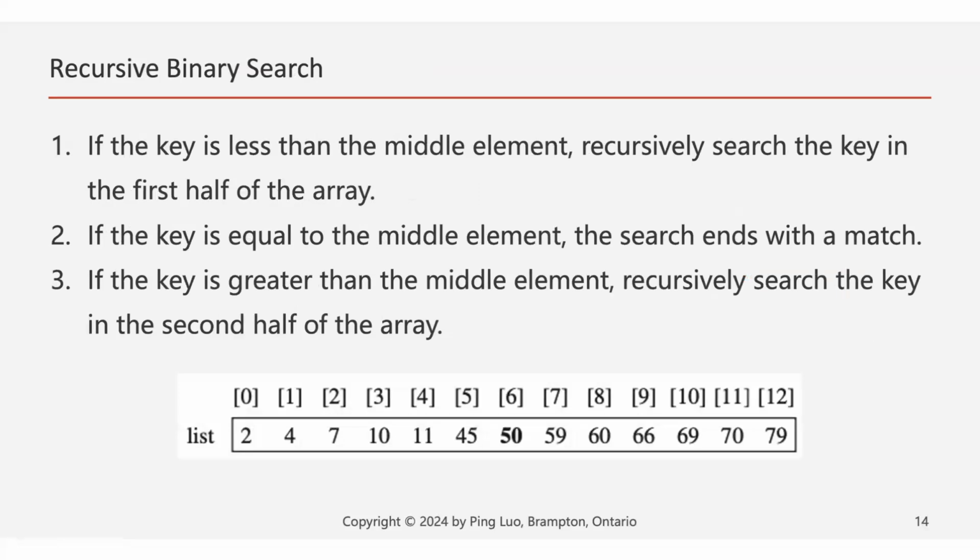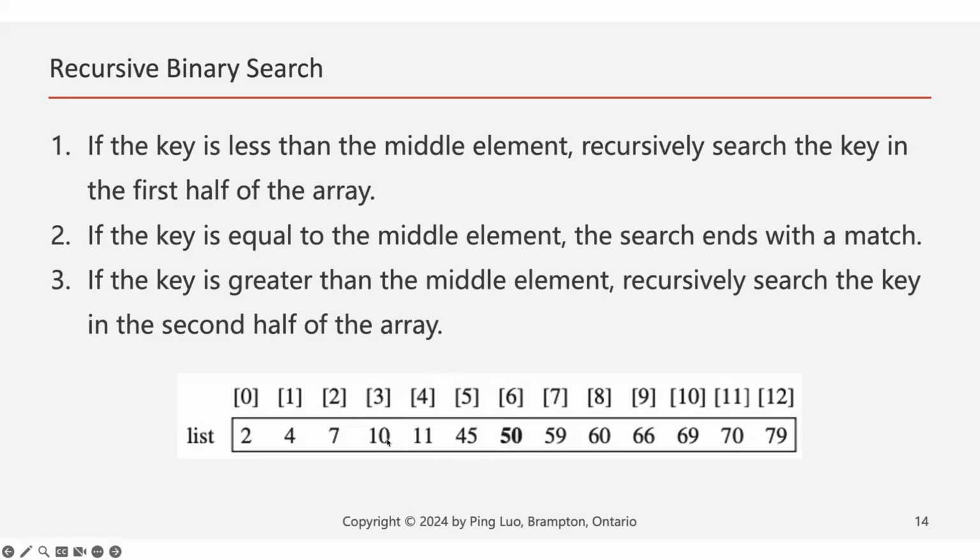So have you learned binary search previously in 1046? No? Binary search is, if you want to search for something in a list, you first sort this list from the smallest number to the largest number. And then each time, you compare the number with the middle number in that list.